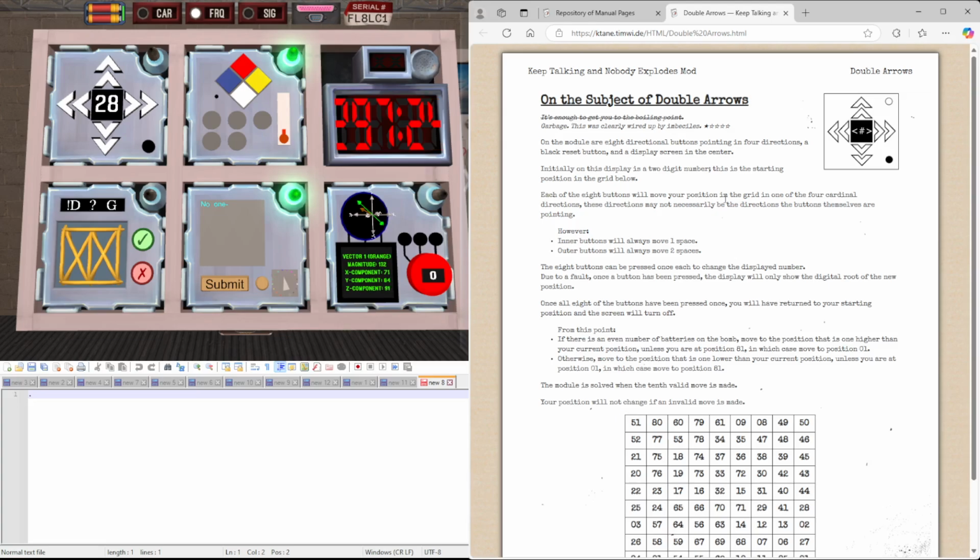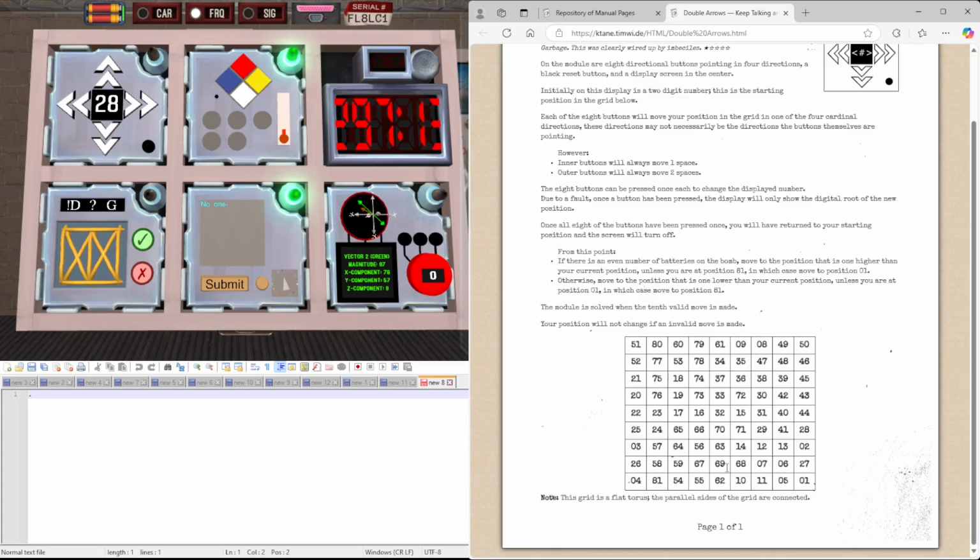Here the buttons with your position in the grid or 4 cardinal directions. So our starting position is 28, which is there. I should draw a new position.